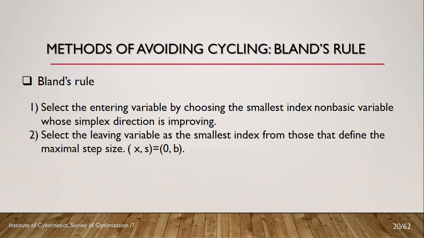Remember that with Dantzig's rule, we selected the entering variable and the leaving variable. For the entering variable, we selected the one which had the highest positive coefficient if we speak about dictionary format, or the lowest negative coefficient if we speak about tableau format. And for the leaving variable, we selected the one which satisfied the smallest ratio test.